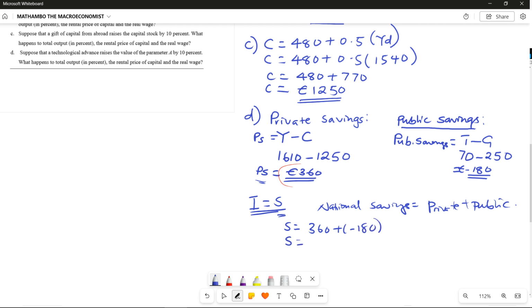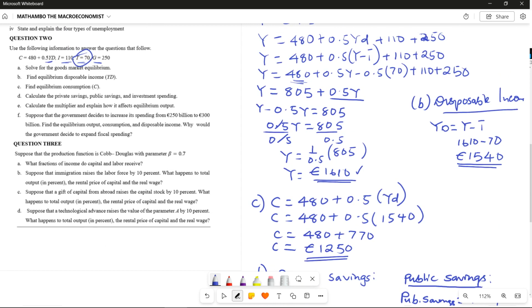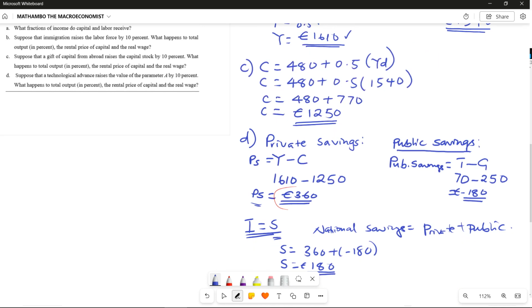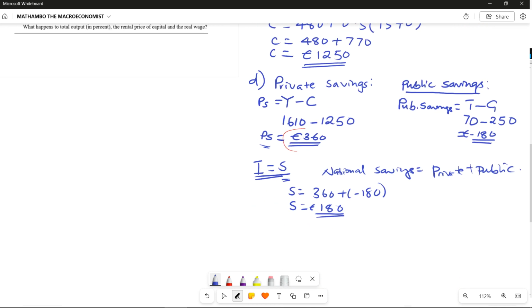So total national savings is equal to 180 euros, and this is the value for our total investment. Why? Because savings come from public and private. Put them together, and that gives us the level of national savings as 180.